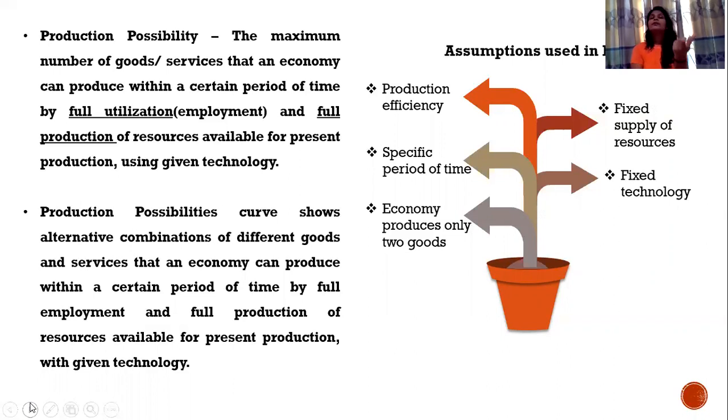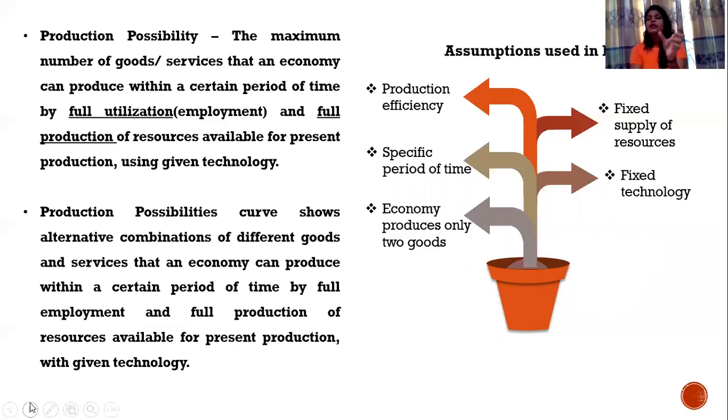If full employment is not achieved, that you call unemployment. And full production means each resource unit should contribute its maximum to satisfy the needs and wants of the society. If full production is not achieved, that you call underemployment.